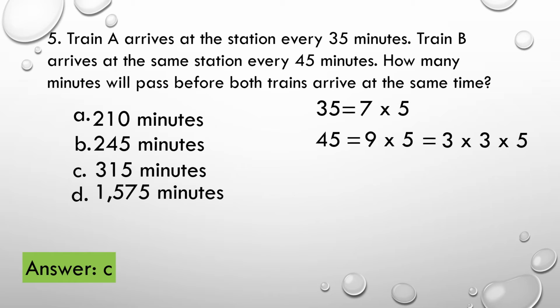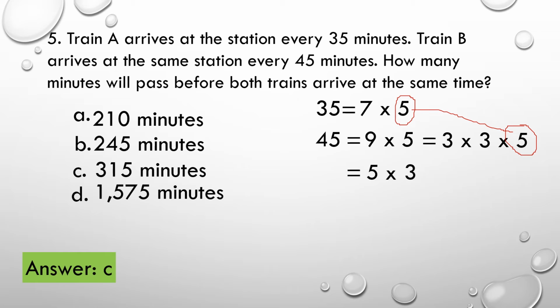Okay, next, you get the common factor here. So this is 5 and 5. So there is only one set. So what you are going to do is just list that once. So therefore that is now 5, and all the remaining factors here, 7, 3, and 3, you need to multiply to 5.